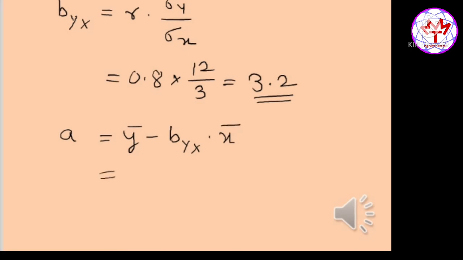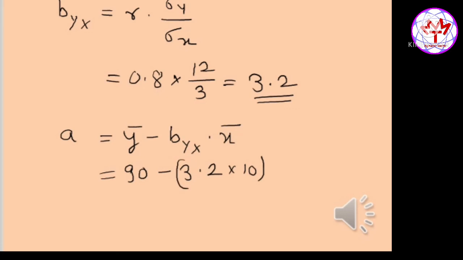So let us substitute the values. y bar is 90 minus byx, that we have got 3.2, into x bar. x bar is 10. So we get 90 minus 32, that is equal to 58.